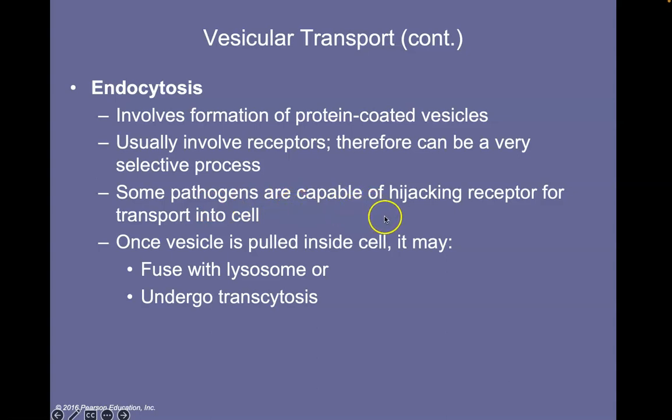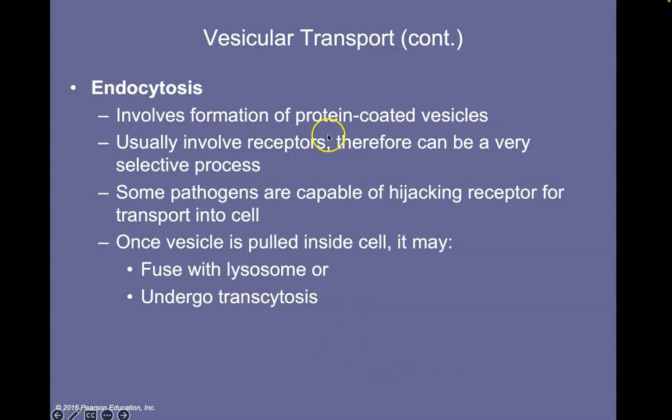And we don't want those pathogens running freely in the cell, so you can trap them in a vesicle. Once you trap those pathogens inside a vesicle, you can fuse it with a lysosome. We'll talk about lysosomes a little later in the lecture, where they can actually lyse whatever that pathogen is that might damage the cell.